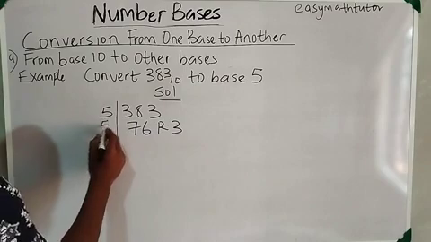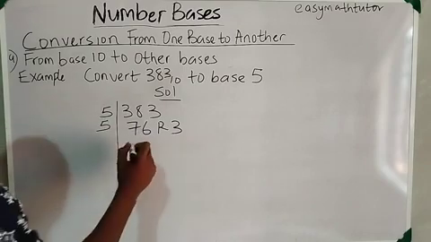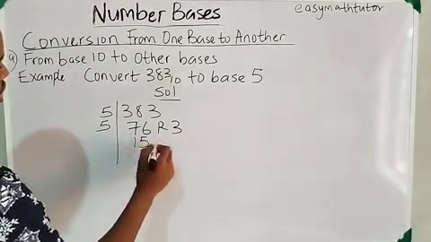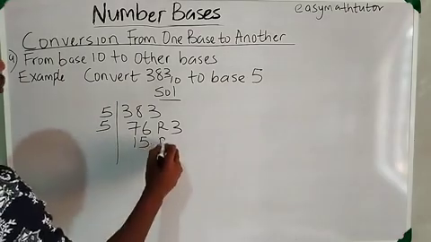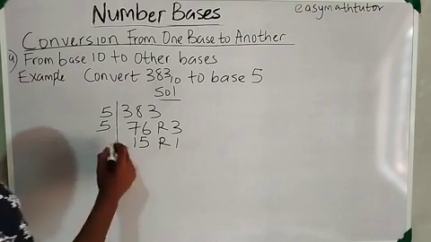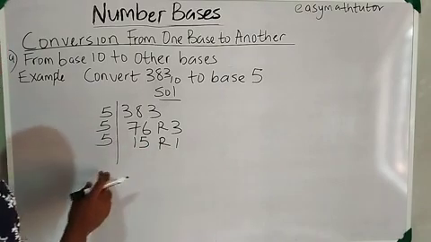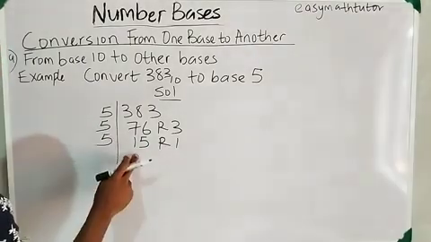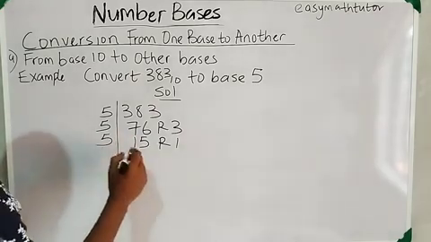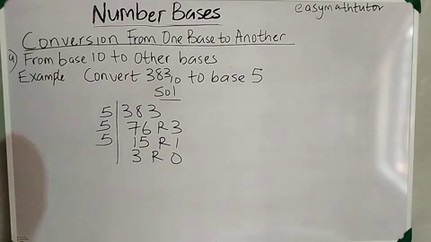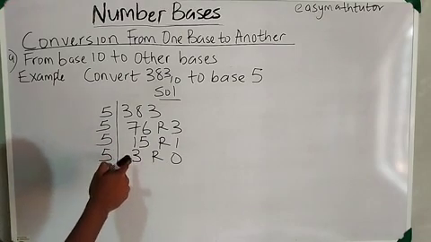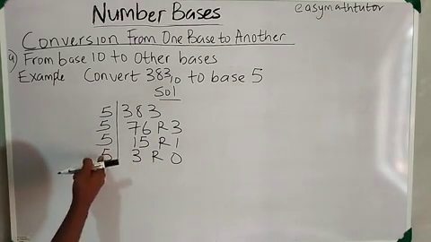We are going to divide again. 76 divided by 5 is 15, because 15 times 5 is 75. So there's a remainder of 1. And then we are going to divide again. We keep dividing until we have 0. So we divide 15, and that gives us 3, remainder 0. And then we'll divide again. We notice that 3 cannot divide 5, because 5 is bigger.